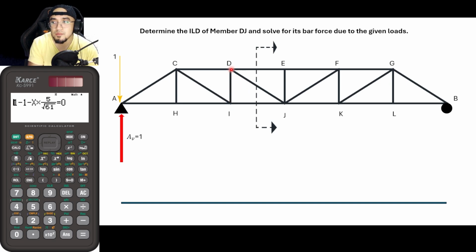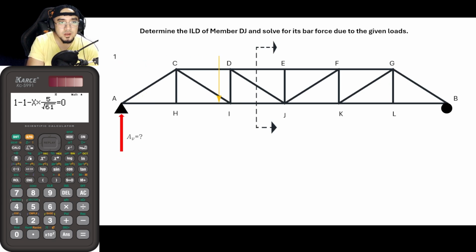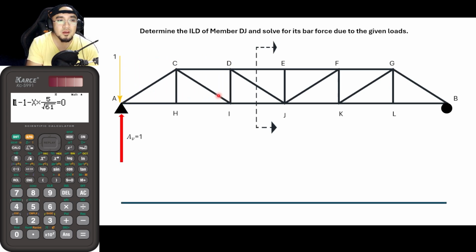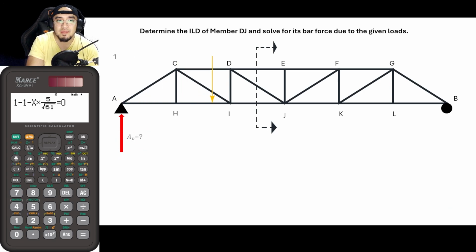Upon doing so, this is now the new location. And as you can see by our animation, since the unit load would move to the right, the support reaction would also vary. It would now be reduced, as you can see at this part.